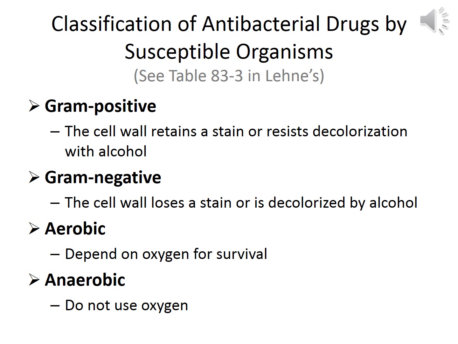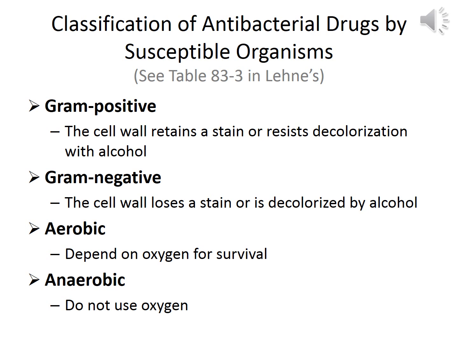These take up the stain, so they look blue on the gram stain. Gram-negative bacteria, on the other hand, lose the stain when you do the alcohol wash, primarily because they have lipopolysaccharide in their cell wall. They'll be red in color on a gram stain rather than blue.